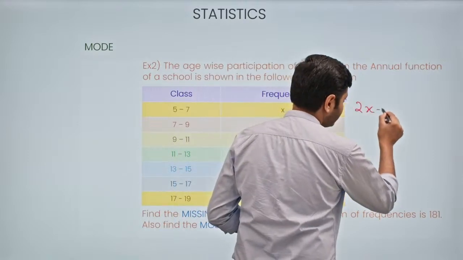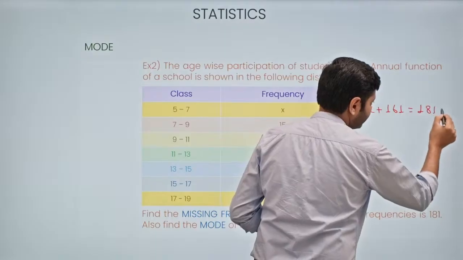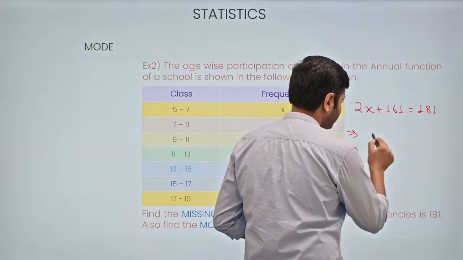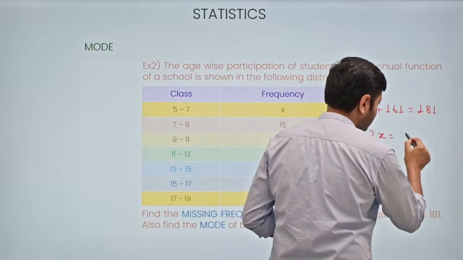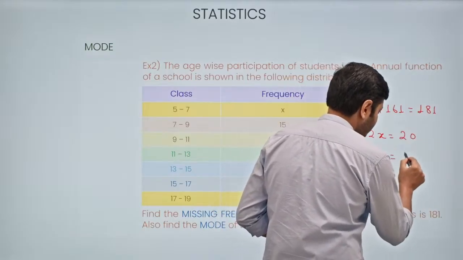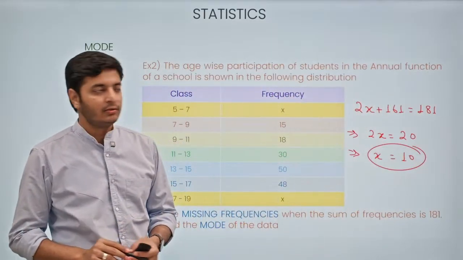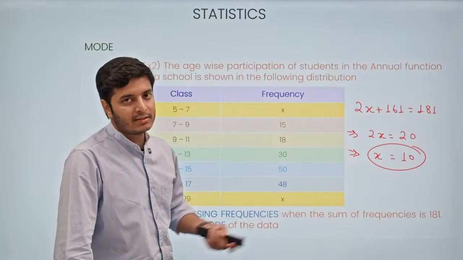So 2X plus 161 is equal to 181, right? From here, the value of 2X will be 181 minus 161, that is 20. And then the value of X is 10. Now we know the missing value of X, that is 10. So for both the class intervals, it is 10 only.